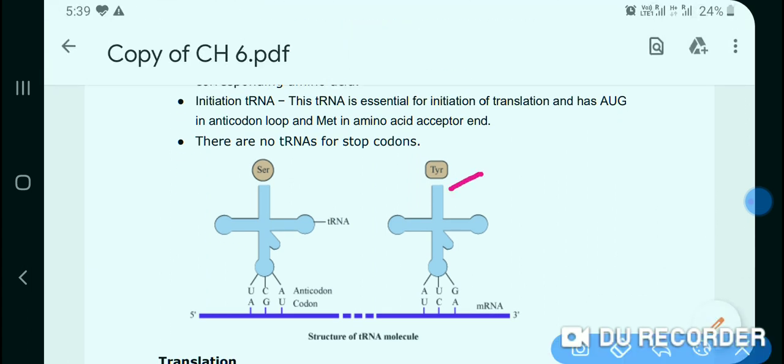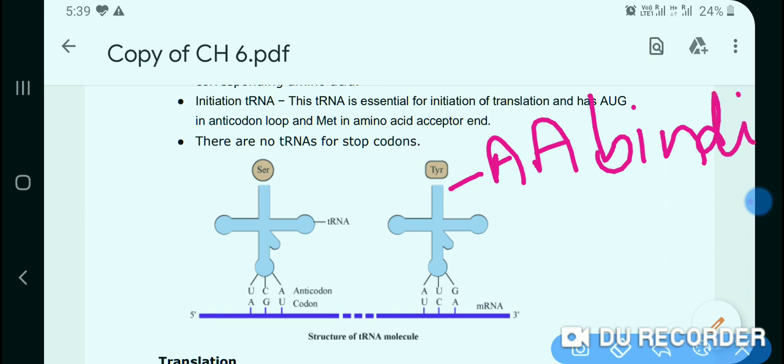The first arm is the amino acid binding site, or amino acid attachment site, or amino acid attachment arm. Here this is the 5 prime end and this is the 3 prime end.